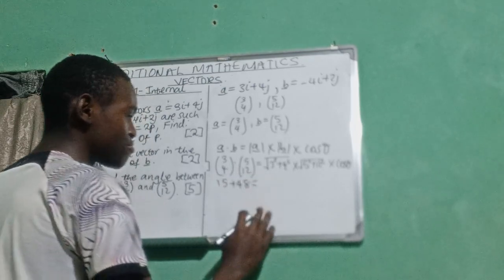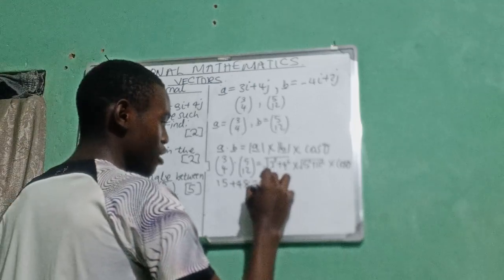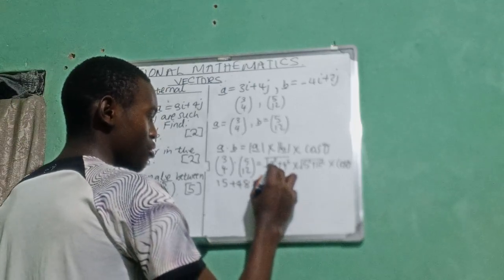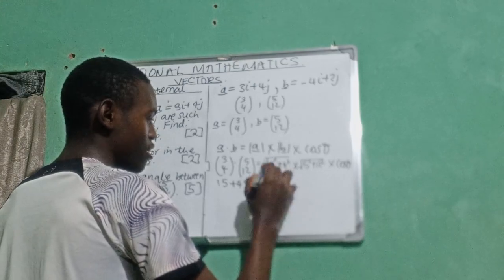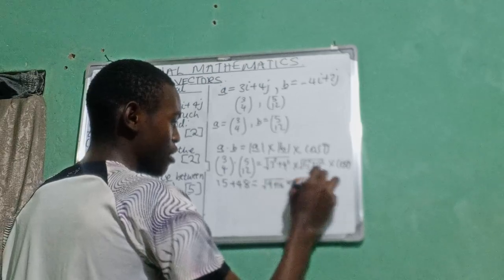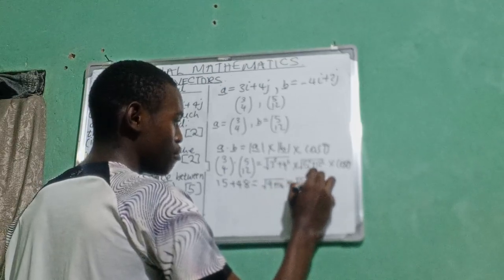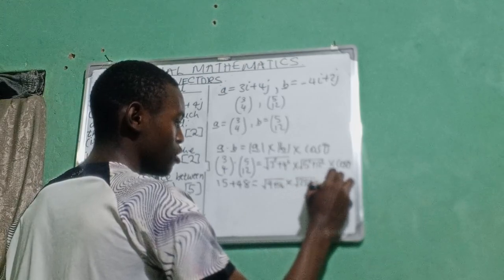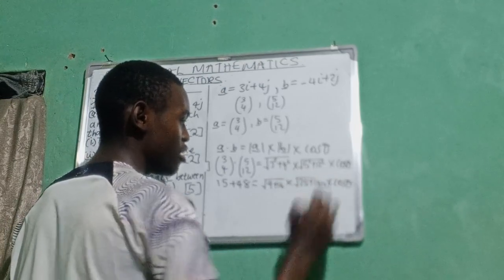Is equal to the square root of 3 squared, okay, let's just write it anyways, 9 plus 16, multiplied by the square root of 25 plus 144, multiplied by cosine theta.